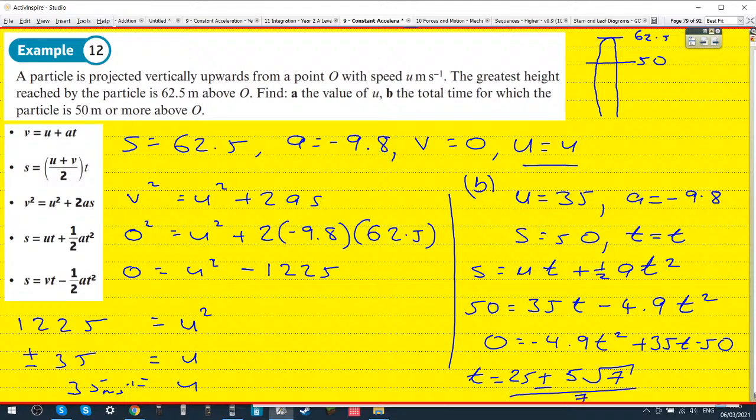It said 25 plus or minus 5 root 5, and then over 7. What part is over 7? All of it. Okay. Over 7.